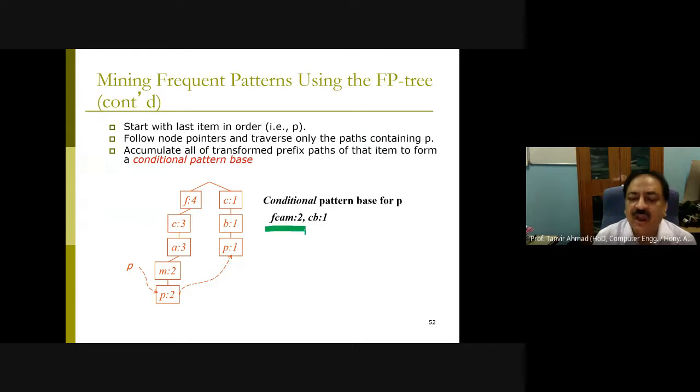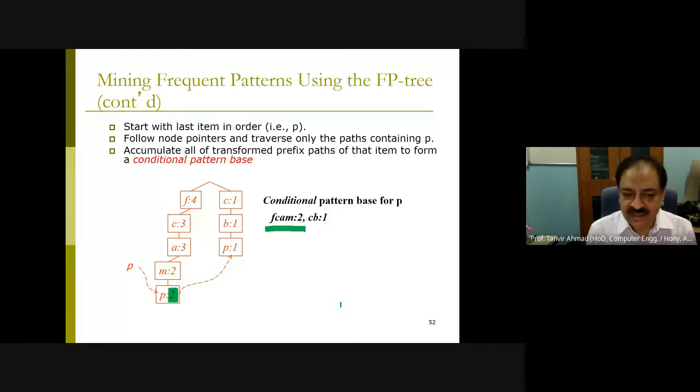Now इसका काउंट 2 आ रहा है, क्यों? Why is it giving you count 2? Because जिस ट्रांजैक्शन में M आएगा उसका मैक्सिमम काउंट 2 ही होगा, because M का काउंट 2 है। तो अगर A का काउंट 3 है या F का काउंट 4 भी है तो क्या मतलब है, because I want to find the transactions which contain M also and which contain P also. तो अगर P का काउंट 2 आ रहा है तो कोई भी ऐसा ट्रांजैक्शन नहीं होगा जिसका काउंट 2 से ज्यादा होगा जिसपे P आएगा.